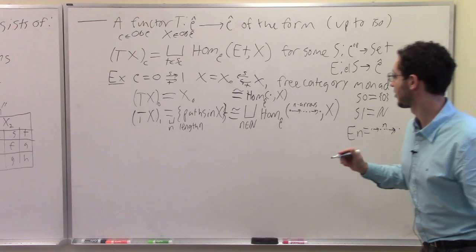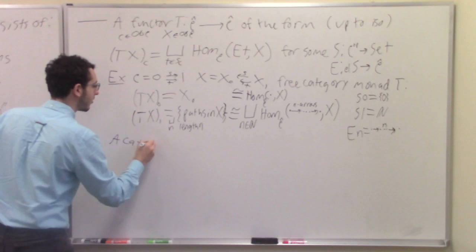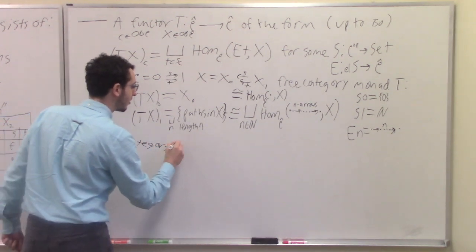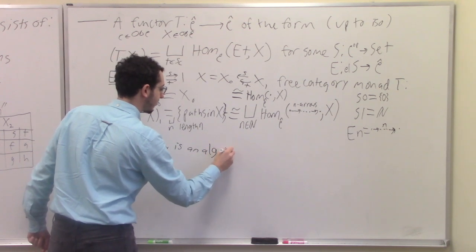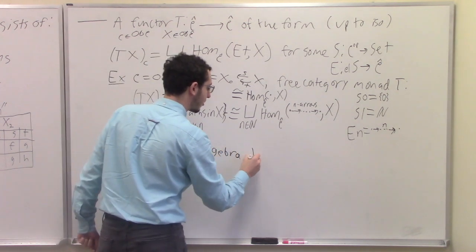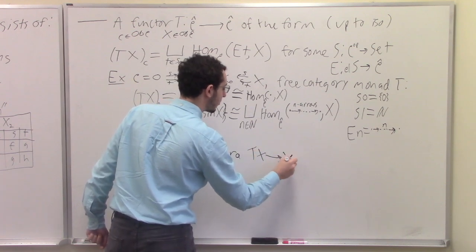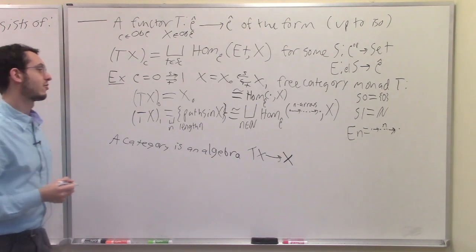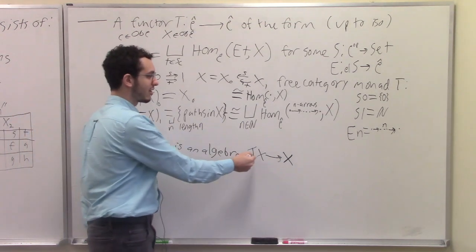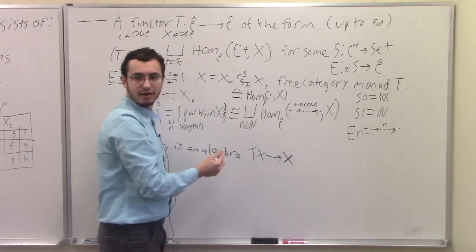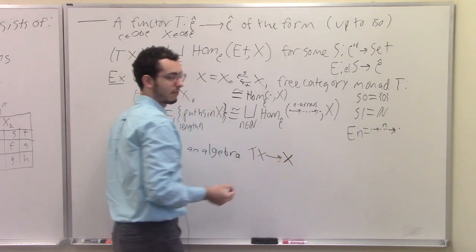And so we then have that a category is an algebra. So we have a structure map from Tx to X, which says that for any arrow in here, which is in fact a string of arrows, we can compose it into an arrow in here.